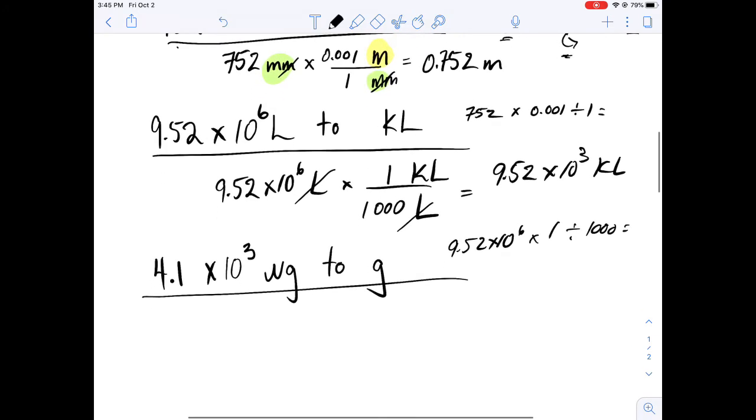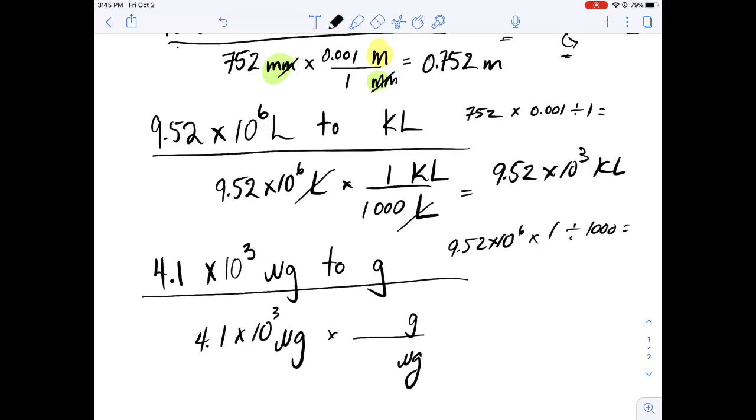My last example is going to be making micrograms into grams. You probably haven't run into many micro units before. In this case, I'm taking 4.1 times 10 to the 3 micrograms. I want to get rid of micrograms, so they go in the denominator.